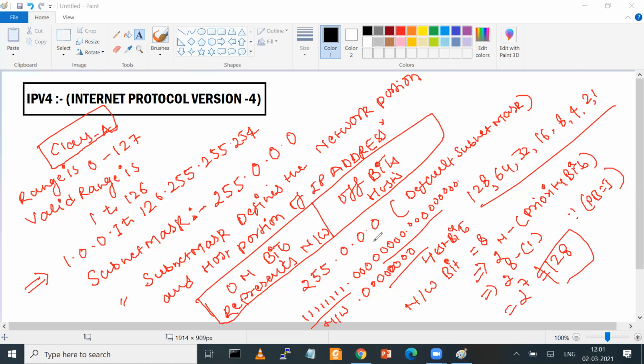So guys, subnet mask will define network bits, and network bits define number of networks which we can use in particular class or IP.